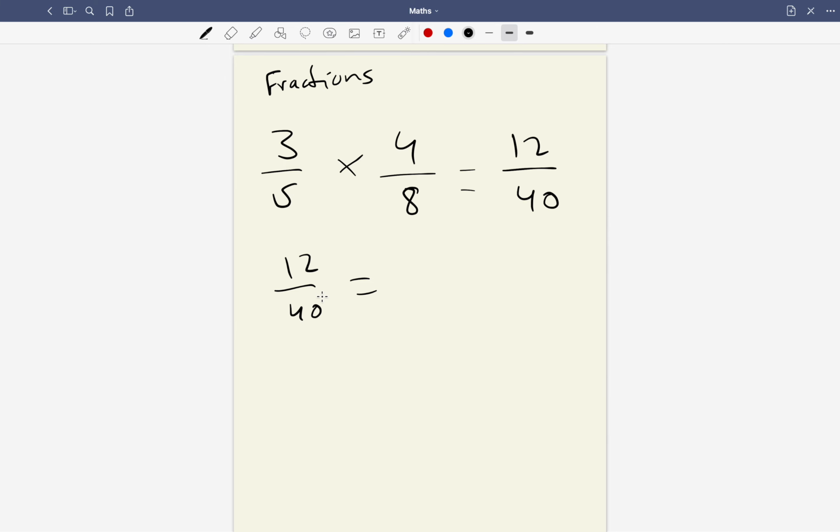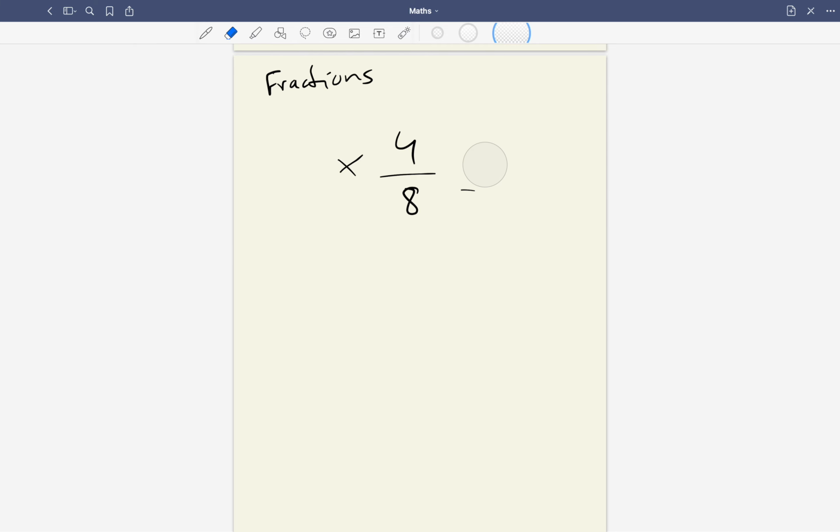You can do small simplifications to get to your end one. So if we divide it all by 2, we get 6 over 20. Divide it all by 2 again, we get 3 over 10. Okay, so that's your answer there.